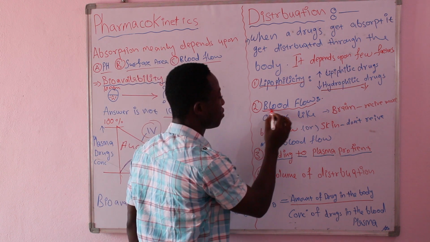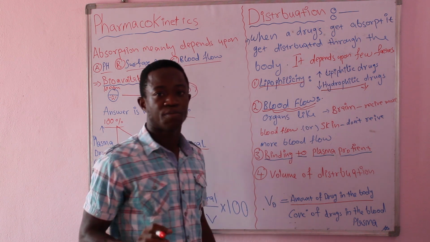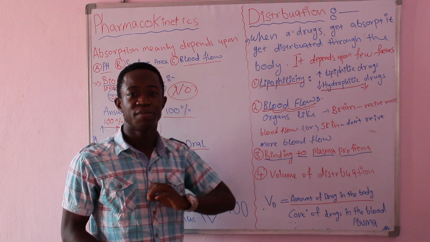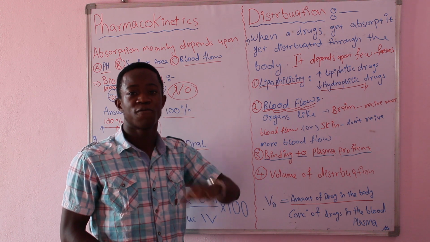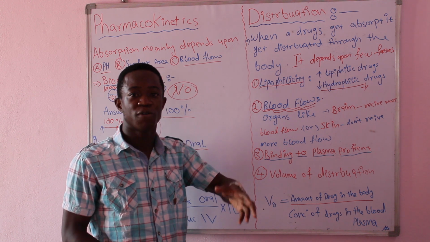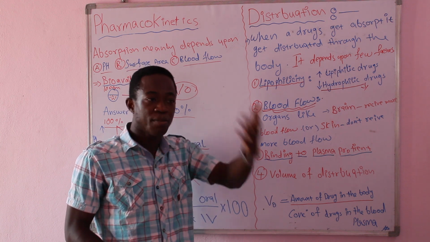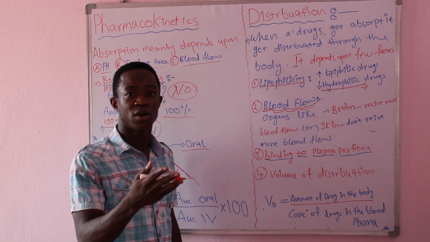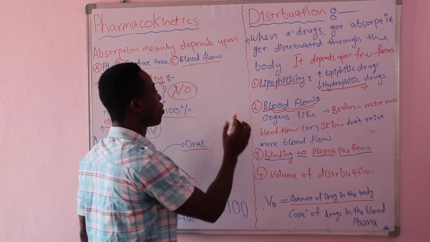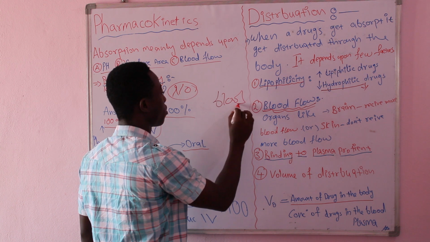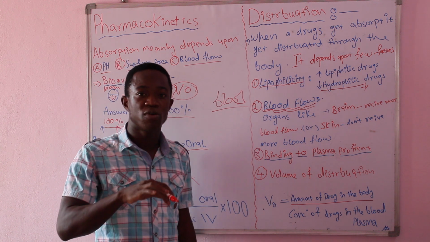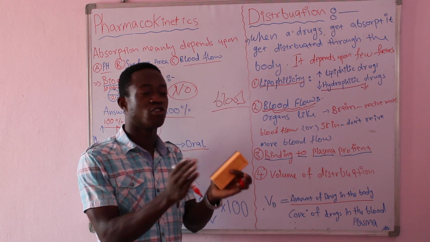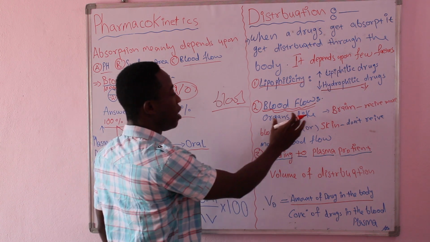Now, another factor is blood flow. All of the organs in the body do not have the same blood flow. Some organs receive higher blood flow than other organs. You must know that the chief carrier for drugs is the blood. The blood is responsible for carrying drug molecules.